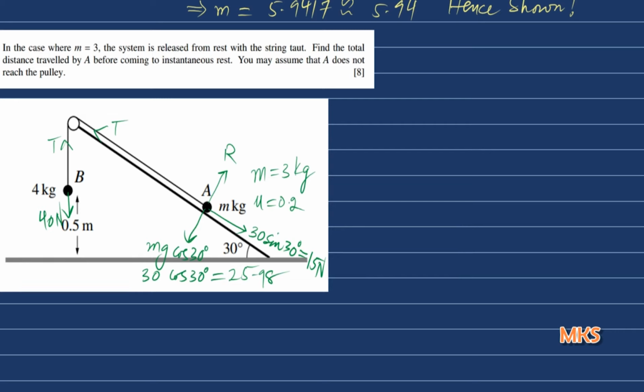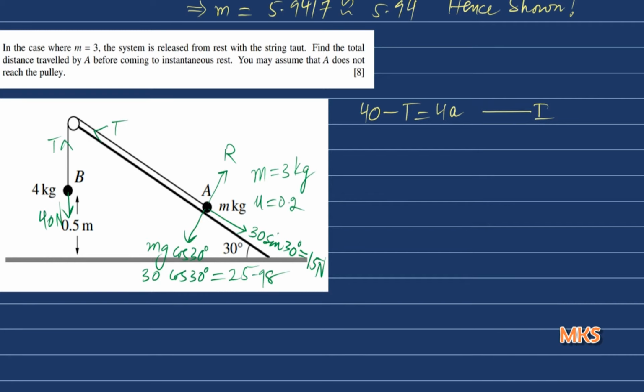Let's consider the particle B. As it's moving downward, तो हमारे पास आ गया 40, forward force minus backward force is equal to ma. This is Newton's second law of motion, that is equal to ma, so that will be 4a. This is the first equation.